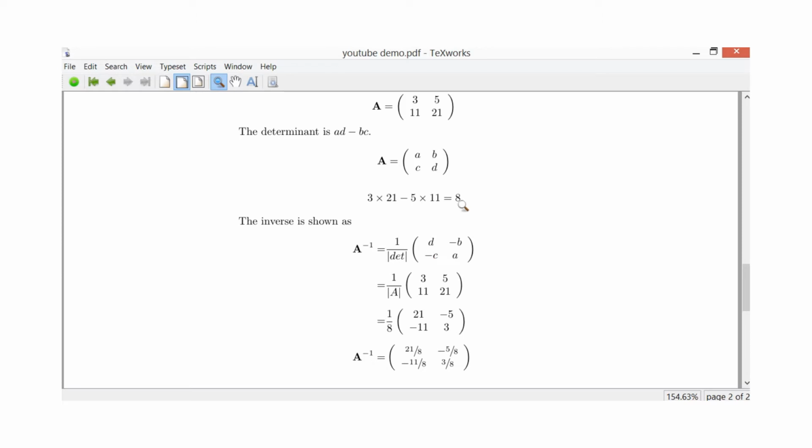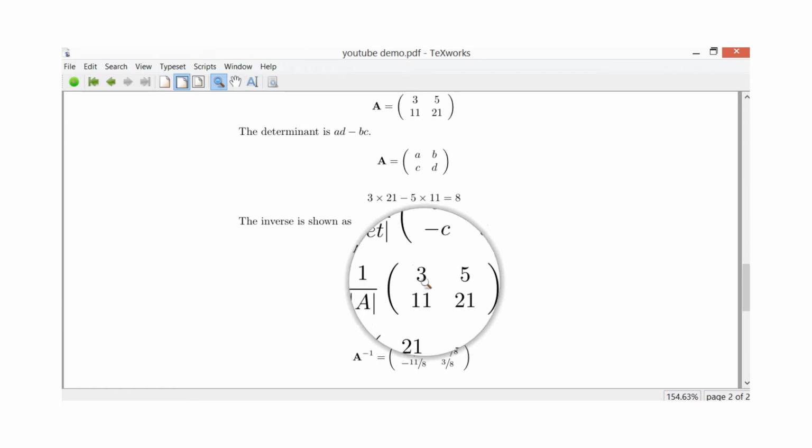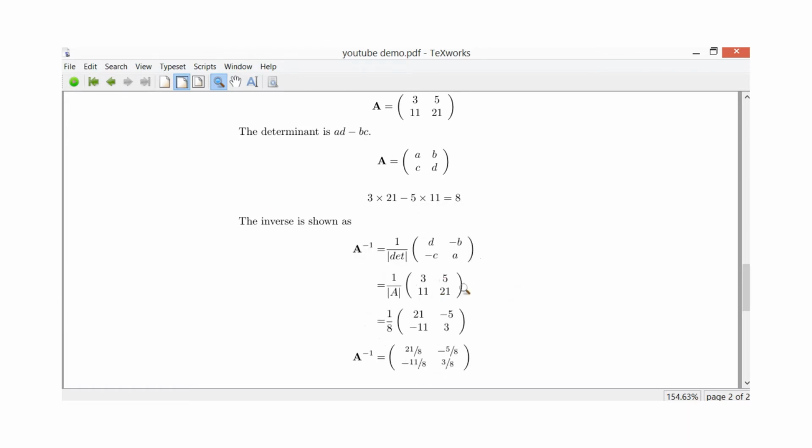We calculated the determinant, which is 8. So 1 over the determinant, which is 8, and then we're going to put these in the right place. So 1 over the determinant times the matrix. We've got that here, so now we've got our variables in there: 3 and 21, 5 and 11.